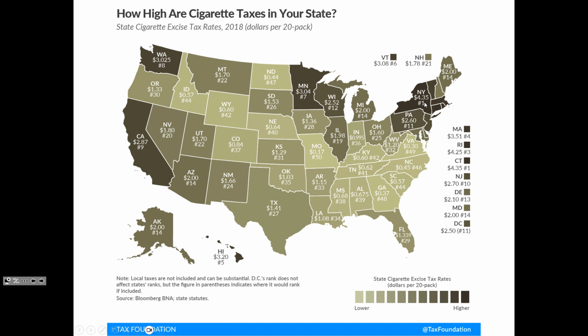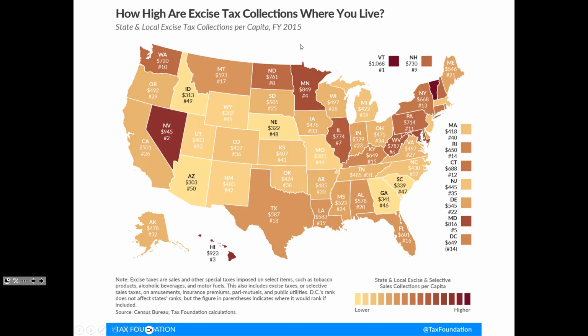But then, as I already mentioned, it's to raise revenue for the health care costs that a lot of times the state is going to have to pay through Medicaid or through state-funded hospitals when people who smoke and get cancer can't cover their medical costs. And so that's part of the reason for these specific excise taxes.